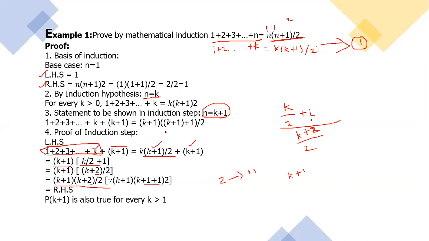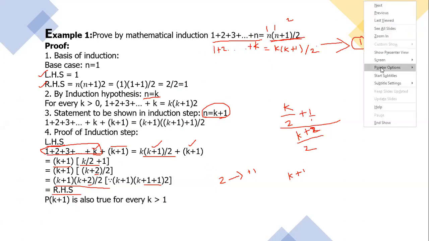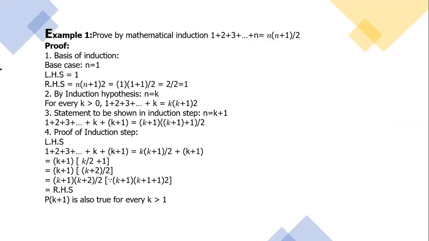I'm just substituting n equal to k plus 1 in the left hand side and doing this process. Finally, I got the output in the right hand side. Is it clear, everyone? Any doubt, ma'am? No need to worry.